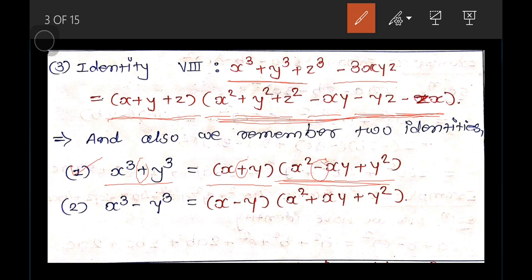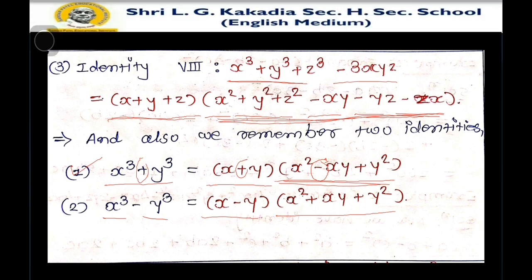Now the second one, x cube minus y cube, we factorize this expression as equal to (x minus y) into (x square plus xy plus y square).